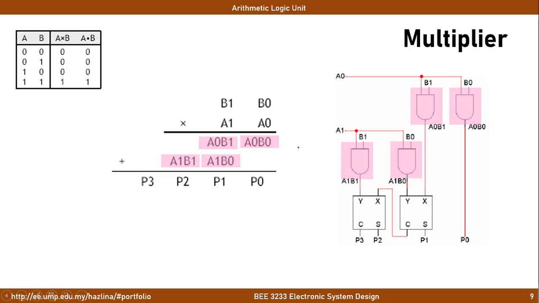Note that these are the elements associated with the process that has been explained earlier. And the addition process between this first and second layer is being represented by this half adder. There is no carry-in here.